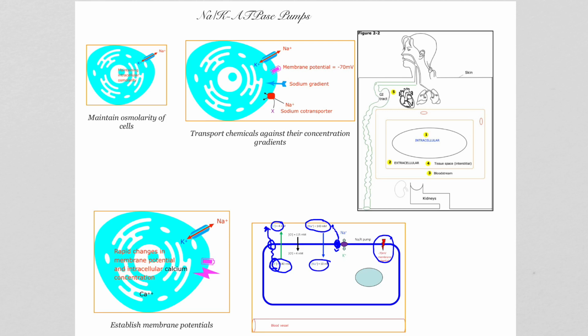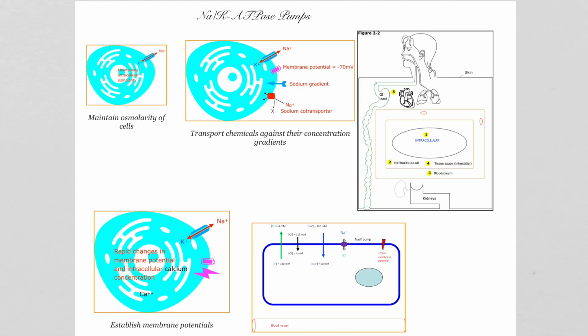So that's the potassium gradient. Okay, so we have a very important sodium gradient that we'll talk about in a few seconds, and then we have this membrane potential. And all this is happening in cells because of these sodium-potassium pumps that are using energy to kick out sodium in exchange for potassium.